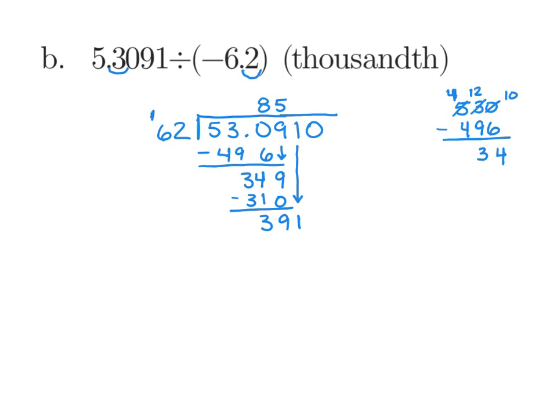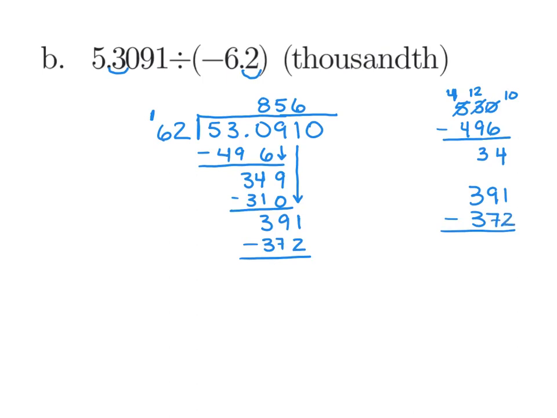All right, 62 goes into 391 6 times. 6 times 2 is 12. Carry the 1. 6 times 6 is 36, plus 1 is 37. Since we have to do some carrying, I'm going to come off to the side and do my subtraction.